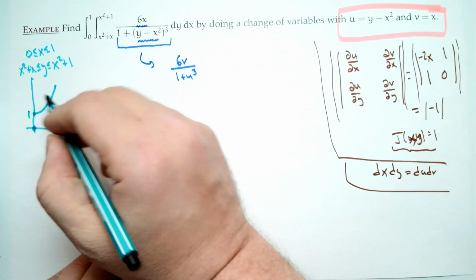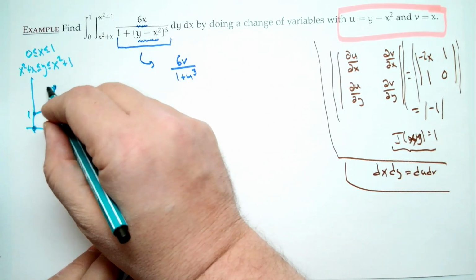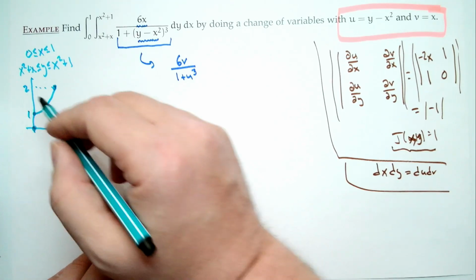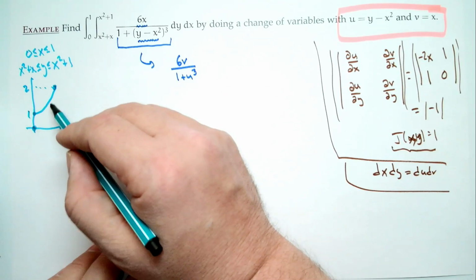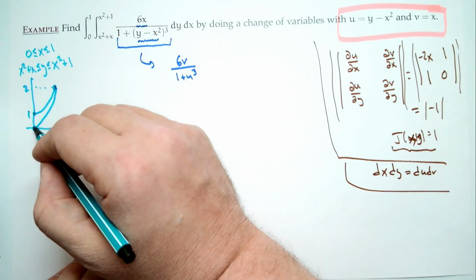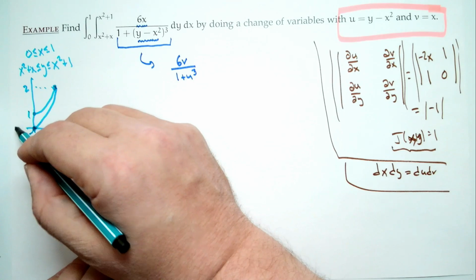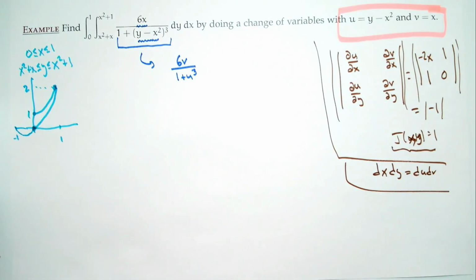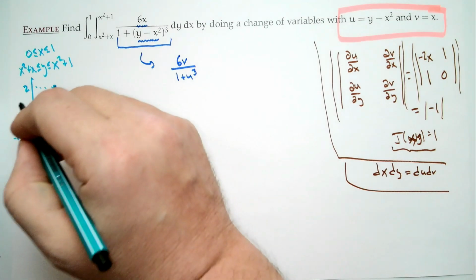So they both intersect. Apparently my scale is not quite right, but pretend that these were equal in size. They both intersect at the same point. So it's a parabola that does something like that. If you were to look at the other intersection for x squared plus x, where does it hit the x-axis? It's at negative 1. So it's a parabola that's been shifted down and over.